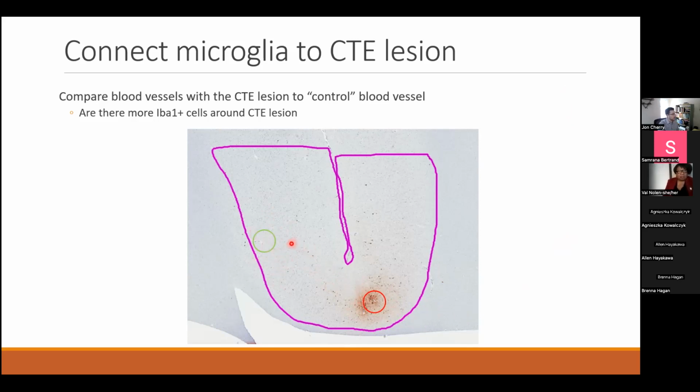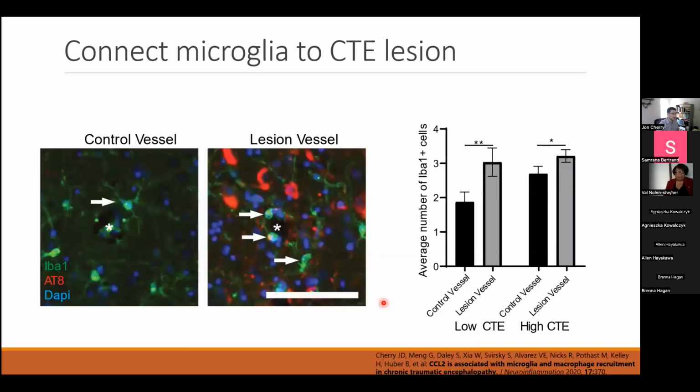The idea is that if you look within the same individual, those blood vessels with tau around them should have more microglia around them. Therefore, you can say that potentially there is an effect of the lesion on glia as opposed to just a brain-wide effect. And when you count the amount of glia around control or lesion vessels, you can actually see that.